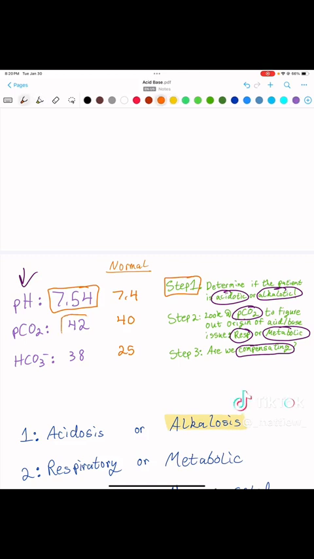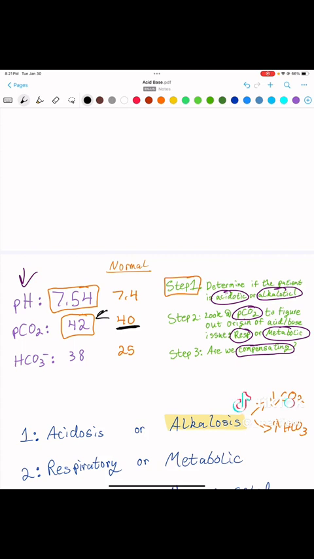Now looking at our PCO2. For an alkalosis to occur, we have to either have decreased CO2 or an increased bicarb. So looking at our values here, is our PCO2 lower than 40 or higher?